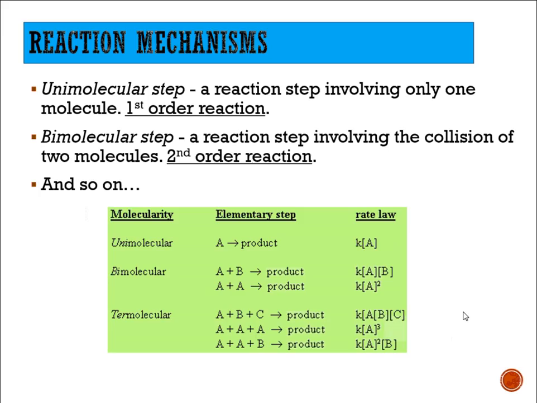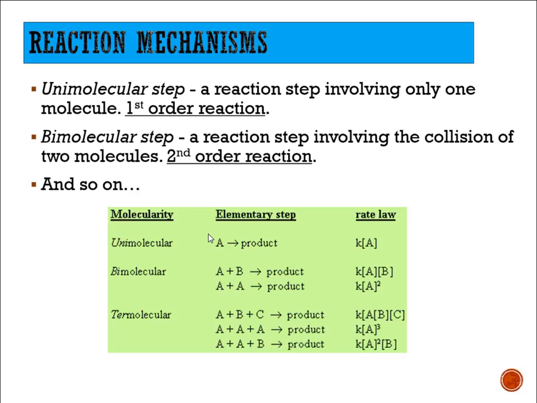Some fundamentals of reaction mechanics. We'll talk about reactions in terms of unimolecular steps, where the reaction step is involving only one molecule, and this is usually what we're going to see in a first order reaction, literally one thing. So look at the diagram down here, one particle resulting in making products. A bimolecular step is a reaction step involving the collision of two molecules, and that's what you'd see in a second order reaction, where you have two different things involved.